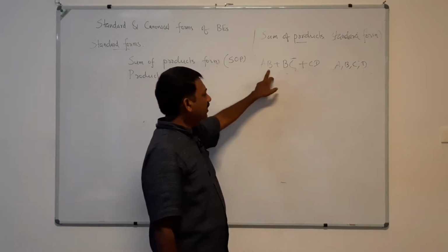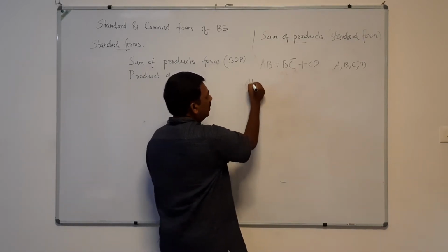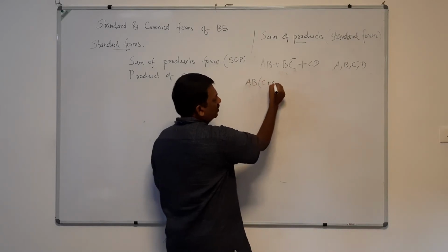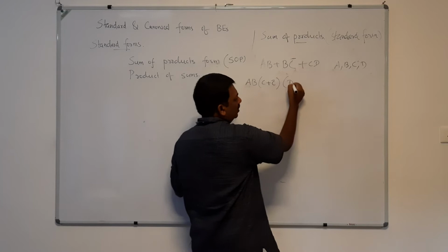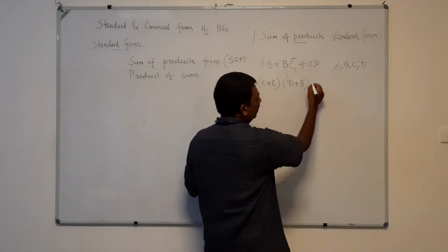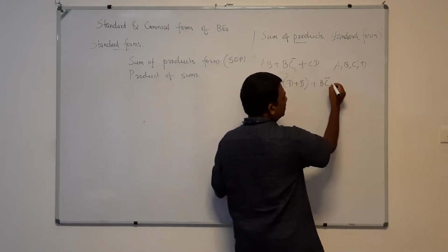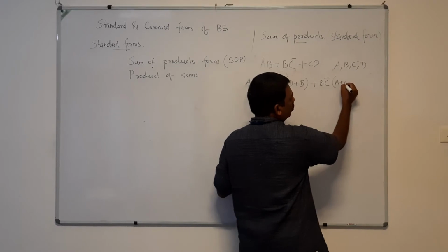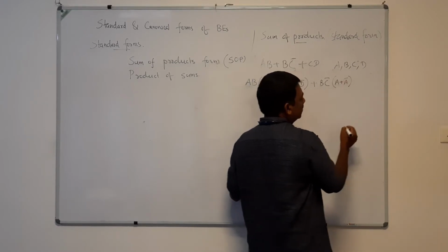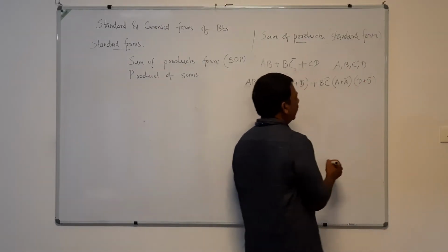Here it is lacking what? C and D. So I am going to multiply AB with C or C bar and D or D bar. And I am going to multiply this BC bar, which is lacking A and D, with A plus A bar and D plus D bar.